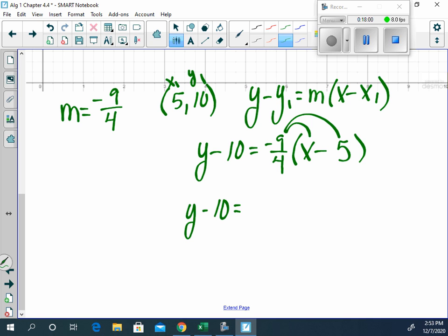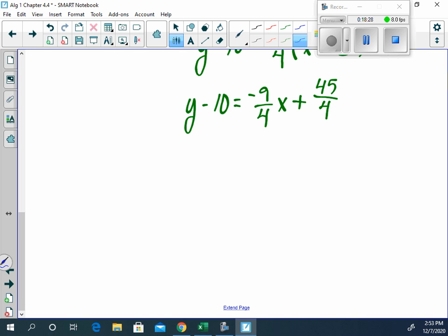Now what we can do is we can multiply through by our negative 9/4, and negative 9/4 times x will be negative 9/4 x. Negative 9/4 times negative 5, well, the negative and negative would make a positive. Well, this gives us 45/4 if we multiply it, because 9 times 5 is 45 over 4. So these numbers aren't nice.